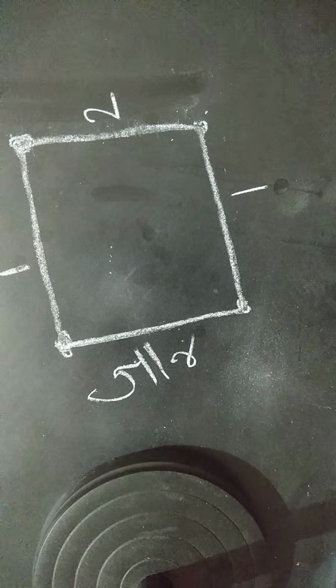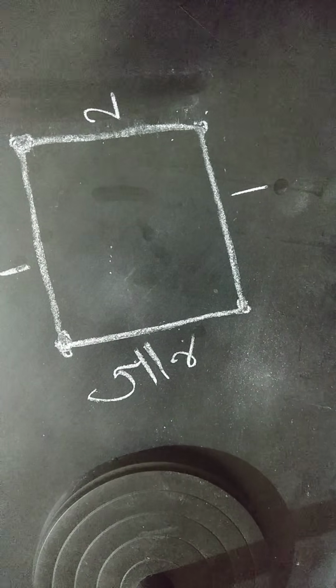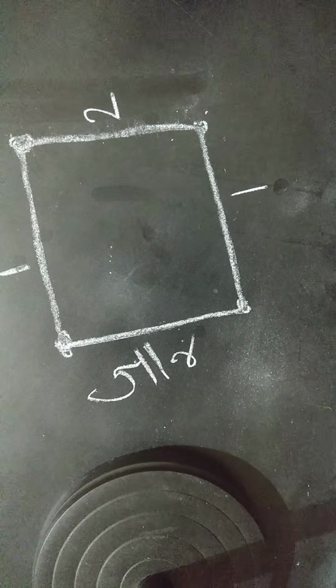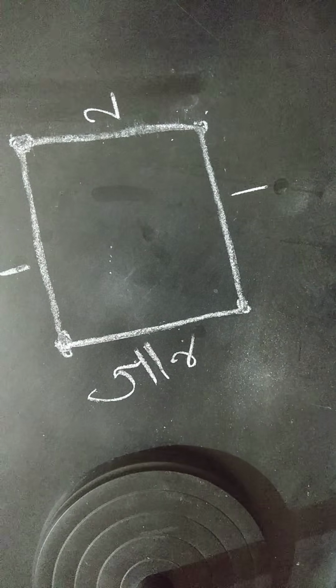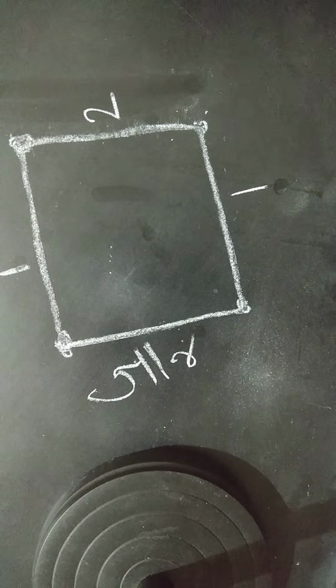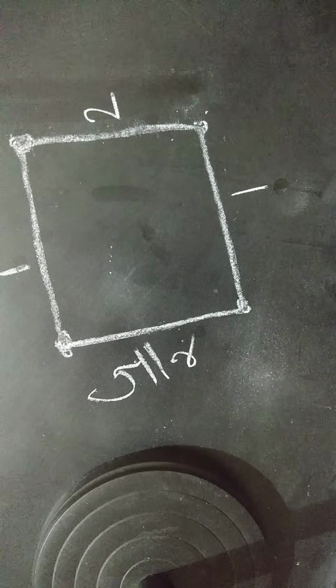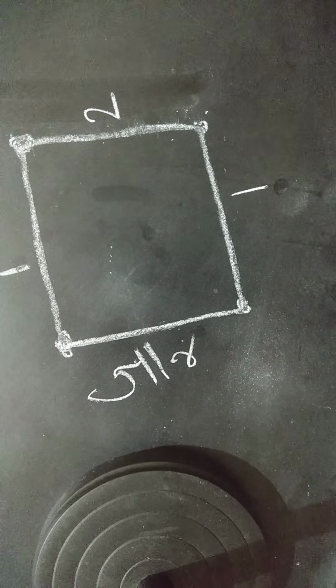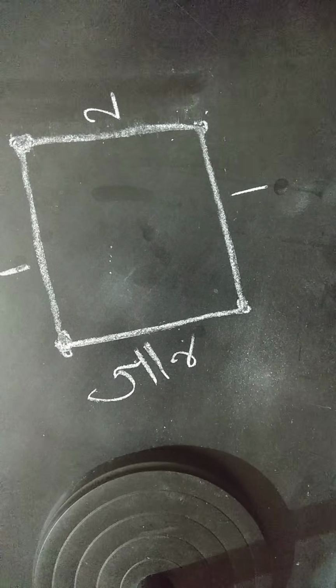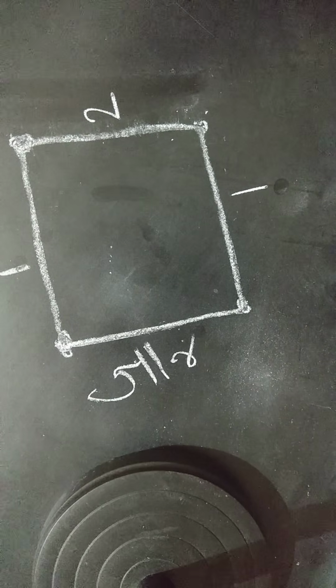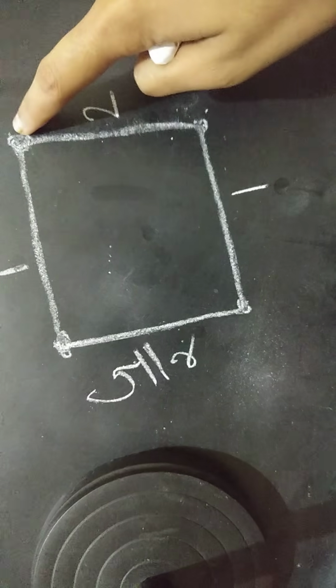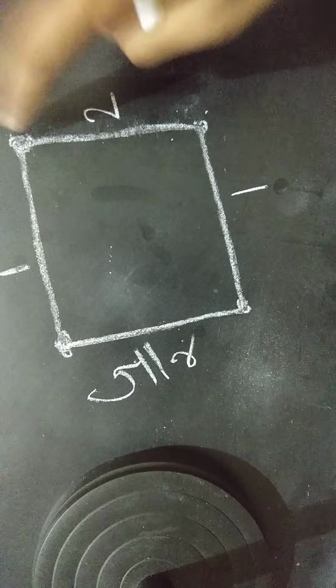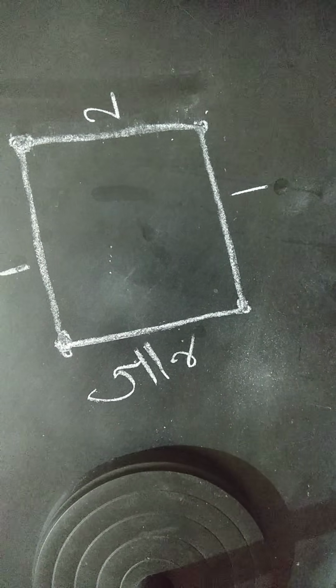In our statement, they are saying that the degree of the vertex should be at least 2. It means you can also have more than 2, but compulsorily you will have vertices with degree 2. So here I have a vertex and the degree of this vertex is 2. So that condition is satisfied.